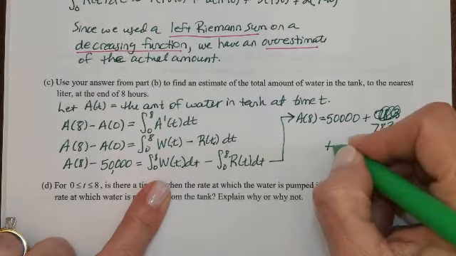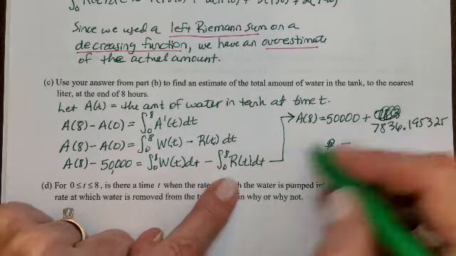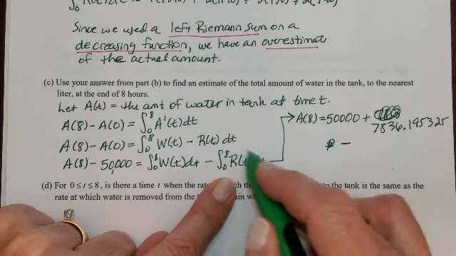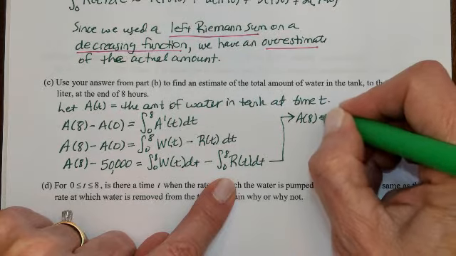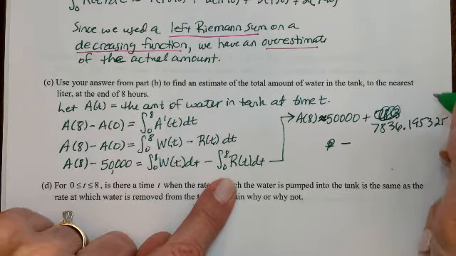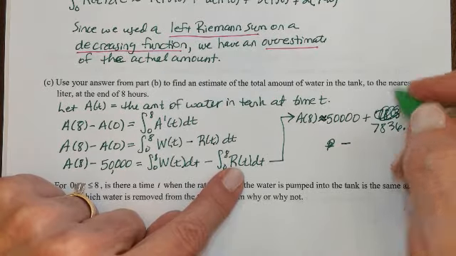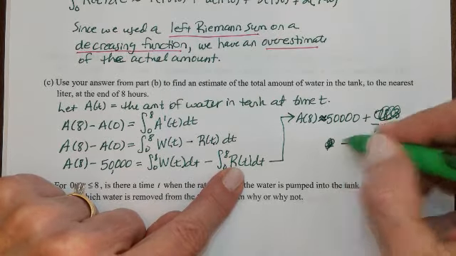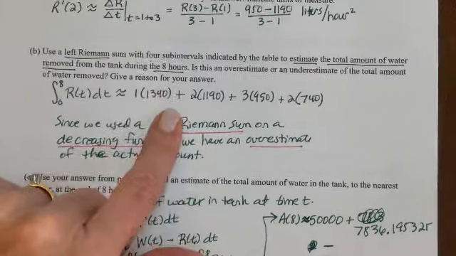And then plus, and now, I'm sorry, not plus, minus. Now I need our approximation. This is an approximation, so I'm going to come up here and change my equal sign to an approximately equal sign, because this left Riemann sum that approximated this integral was just an approximation, right? So minus, now we have a choice.